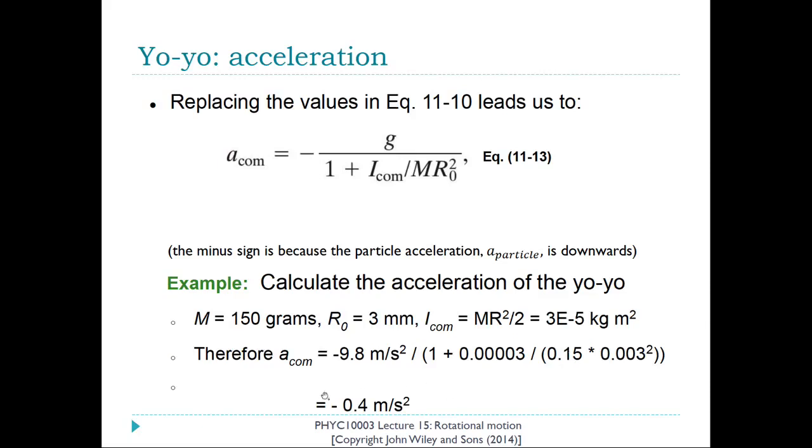So we can see the acceleration of the yo-yo is going to be much less than 9.8 going down because of the factors involved in the geometry of the yo-yo itself. So the yo-yo part might seem a little confusing. Just go back with the video with your pad and paper, and we've worked through it step by step.